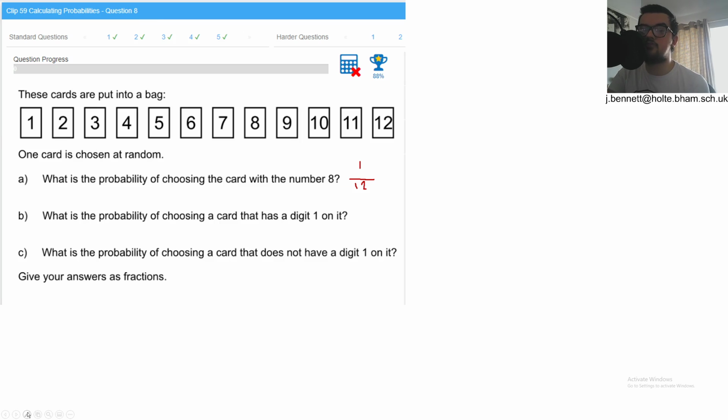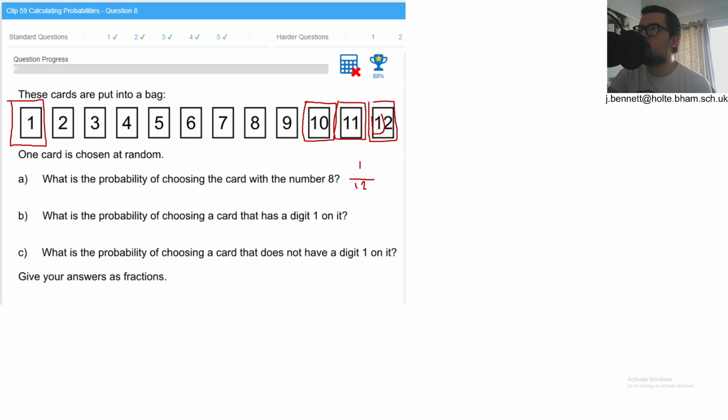Okay, so if we go through our cards, how many of them have the digit 1 on them? This has a 1 digit. This has a 1 digit because there's a 1 and a 0. This has a 1 digit because it's got a 1 and a 1. This has a 1 digit because it has a 1 and a 2.